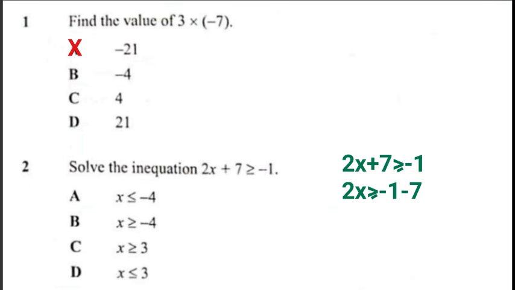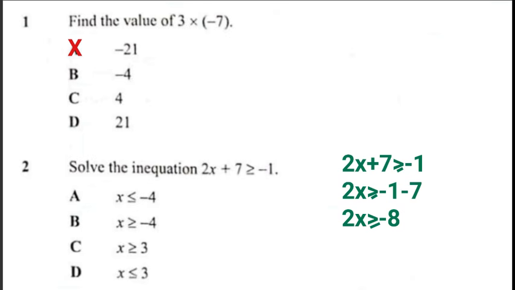Then 2x is greater than or equal to, when you are dealing with two numbers with the same sign, you consider the sign. Here we're dealing with a negative, so consider the negative, and then we add the numbers. So 1 plus 7 will give us 8, so it's going to be -8.